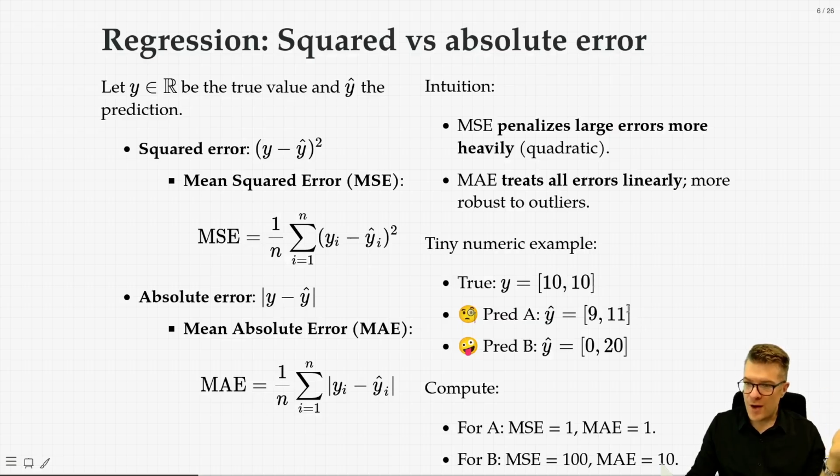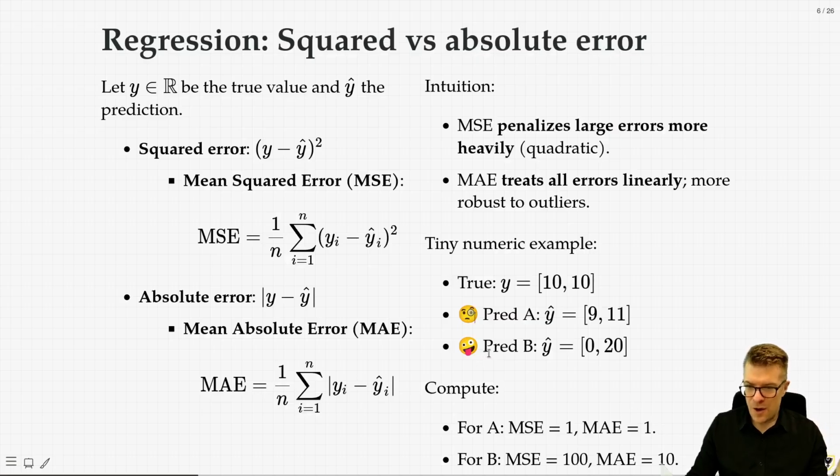These differences are squared, so 1 squared is 1, and minus 1 squared is 1. You sum over those squared differences, you get 2. You divide by the fact that we have two instances, n equals 2, and you get a mean squared error of 1. Similarly, the absolute differences here are also just 1 in each case, and everything else computes the same way. Your mean absolute error is also 1.